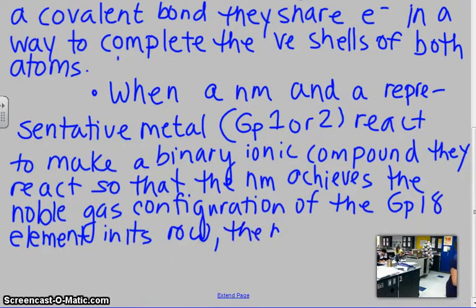The metal achieves the configuration of the group 18 element in the row before it.